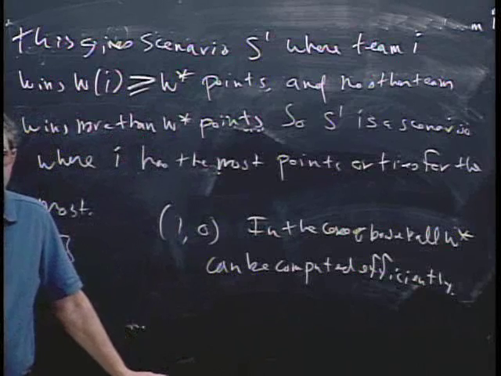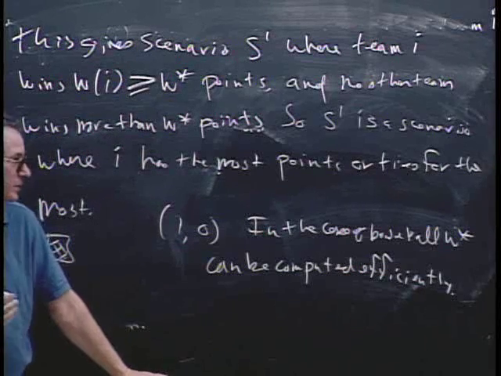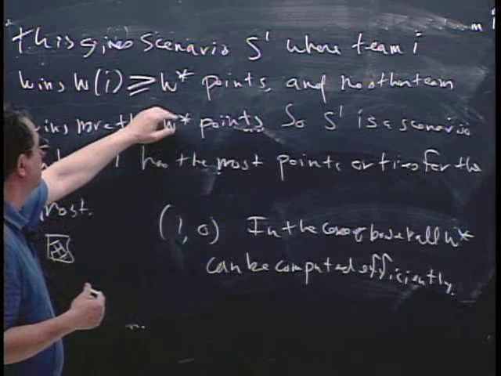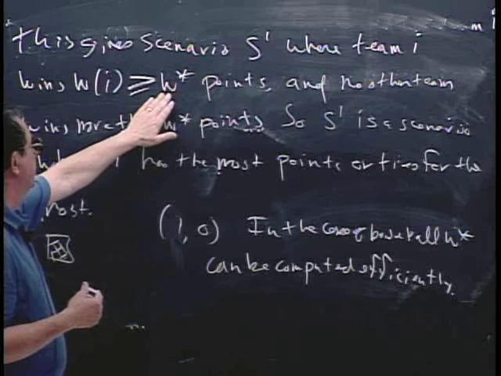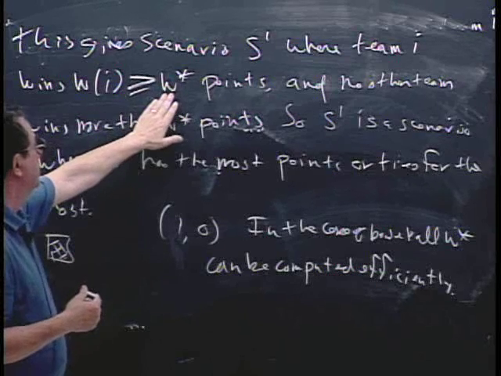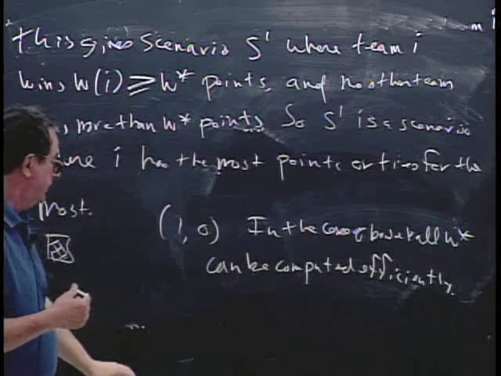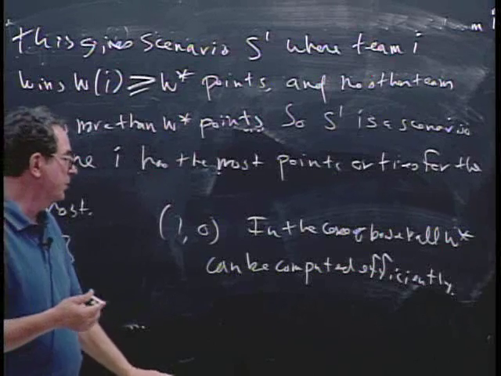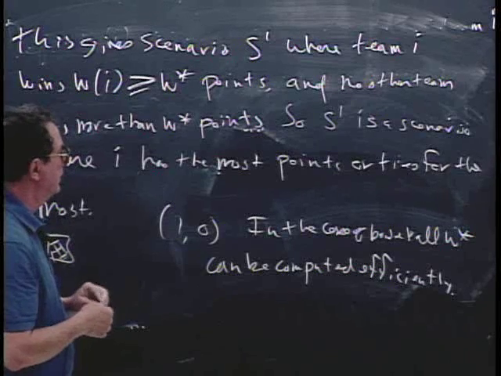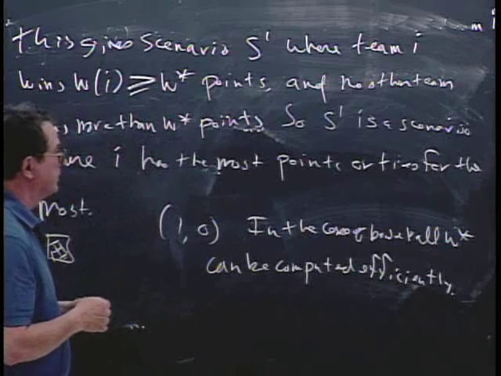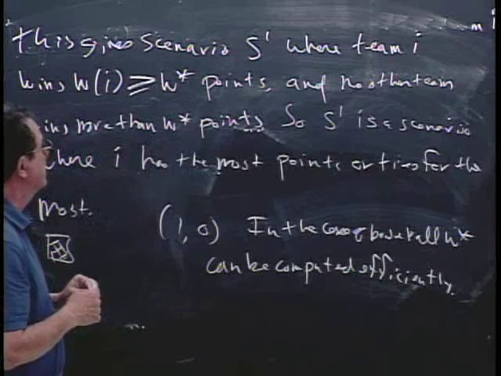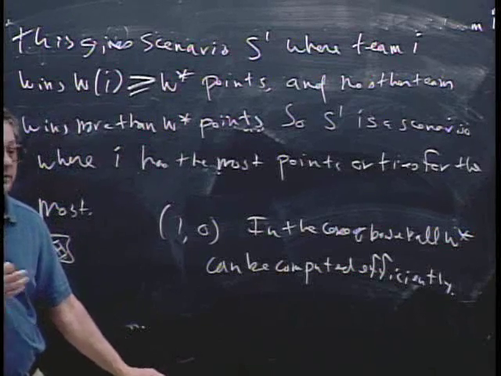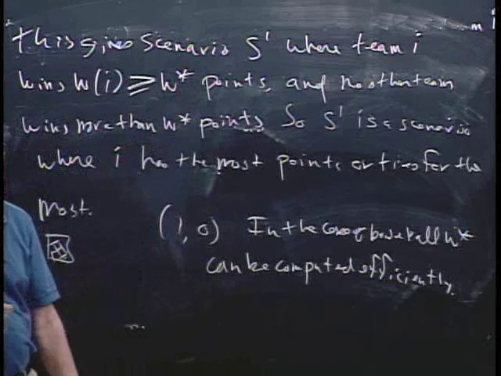And although in this class we've not yet talked about NP completeness, it is in fact an NP hard problem to compute W star in the case of European football. So in some sports, it's not so simple to find what W star is, but this theorem that we just proved says that as long as the payoffs are monotonic, this W star does always exist.